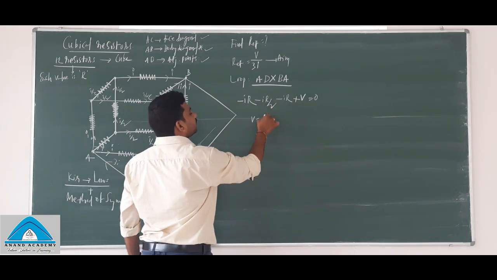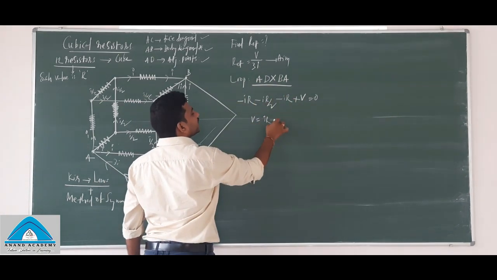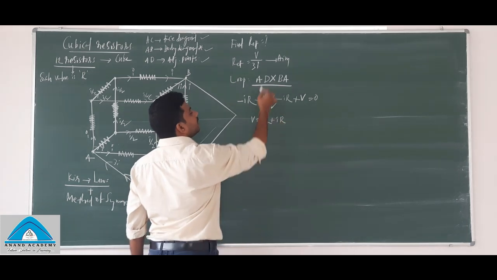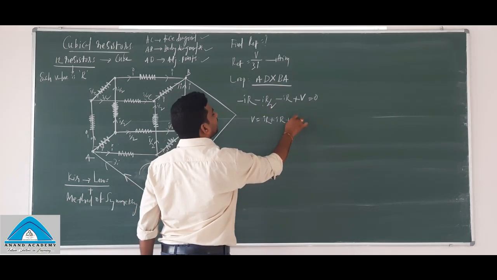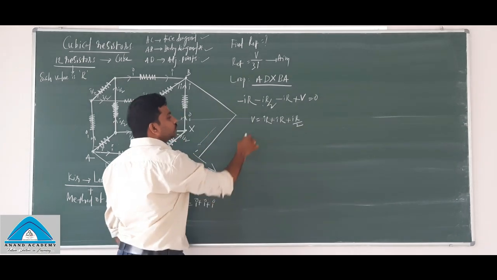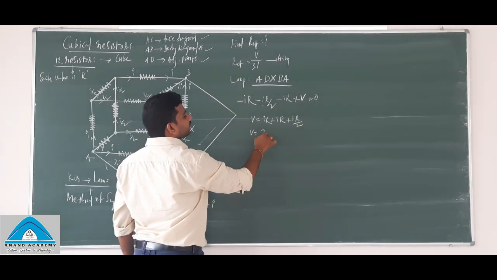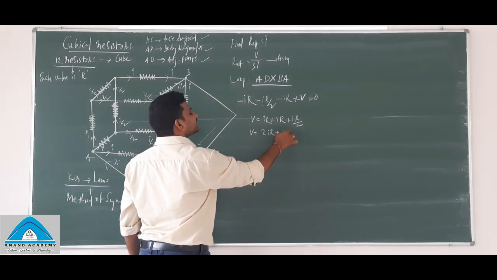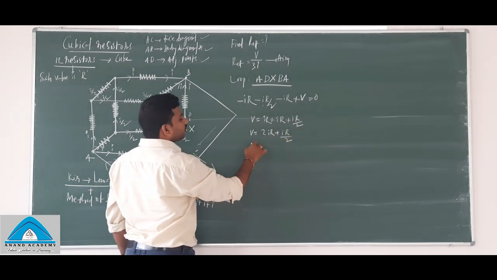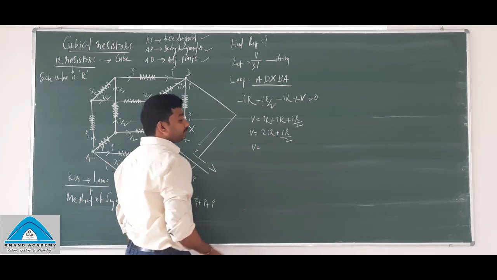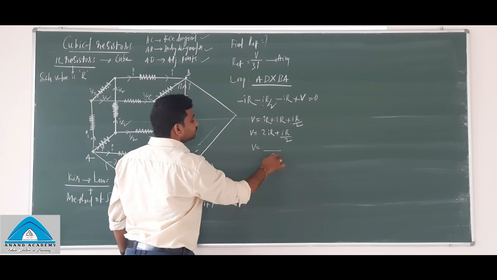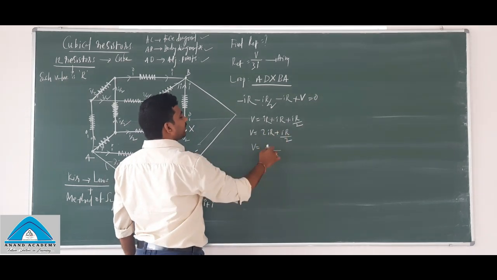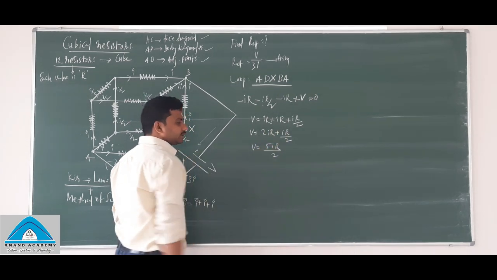So minus IR also taken to the other side will be plus IR, and minus IR by 2 will be plus IR by 2. So V is equal to 2IR plus IR by 2. So V is equal to 2IR, its LCM is 2 here, it's 4IR plus IR, it's 5IR. Okay.